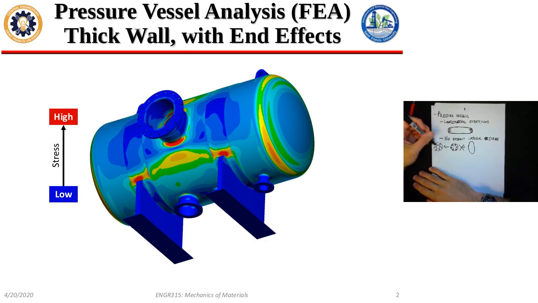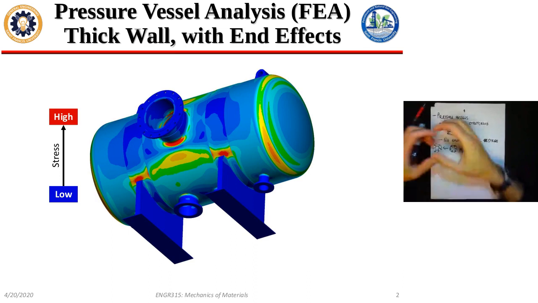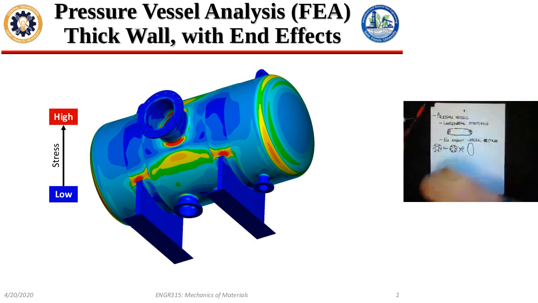But the big question is, okay, what stresses get induced trying to do this, right? If I'm trying to stretch the entire thing outward, that means that the radius is going to change, right? If the radius changes, the circumference changes.